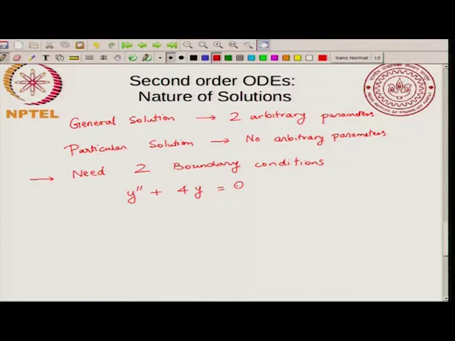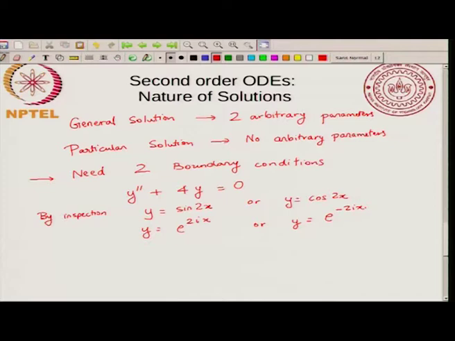Then I can immediately see, just by inspection, that y equal to sine 2x, or y equal to cosine 2x, or y equal to e raised to 2 i x, or y equal to e raised to minus 2 i x are all solutions of this equation.